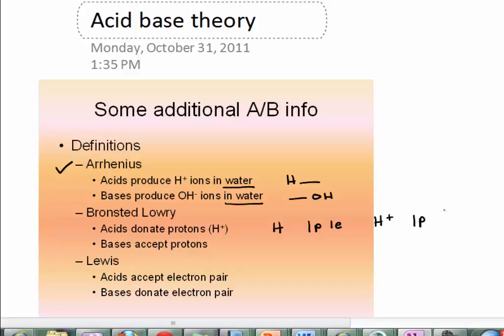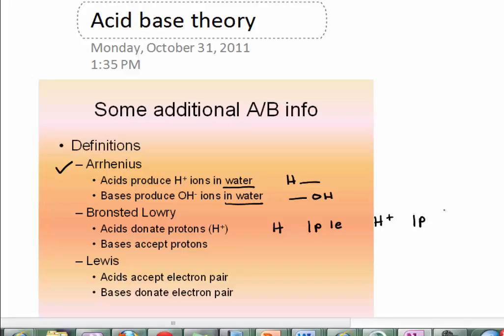This extends the definition to allow other solvents, and it also allows another whole variety of reactions to be classified as acids and bases. You'll see when we look at it later, you don't have to be a classic hydroxide or start with hydrogen to be classified an acid.